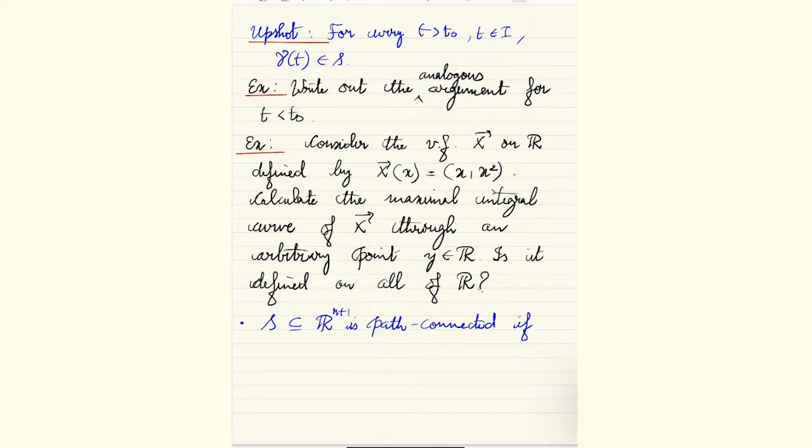Let me write out the definition. This is something you all know, but no harm in repeating. A surface is path connected if for each pair of points P and Q on the surface, there is a continuous curve joining them which lies entirely on the surface. That's the critical point.